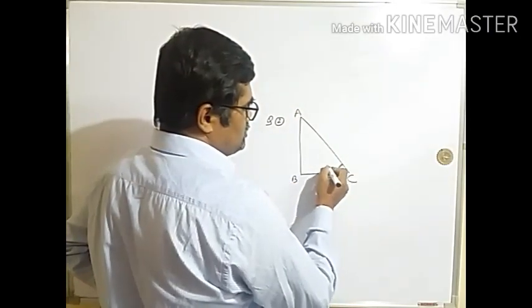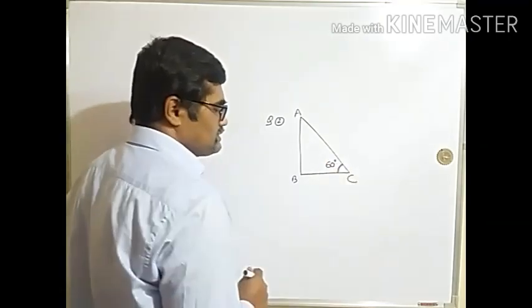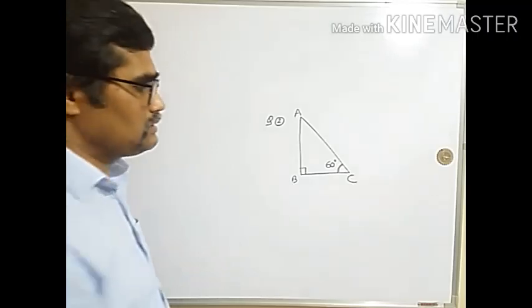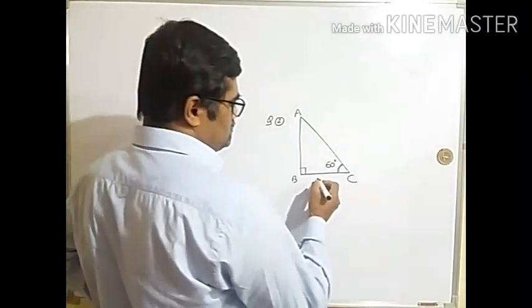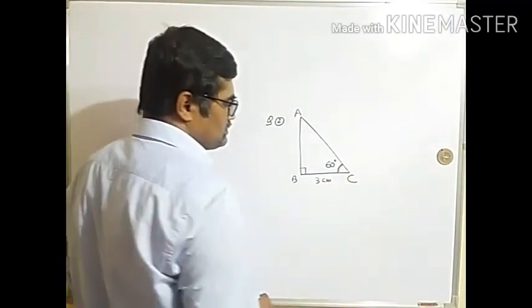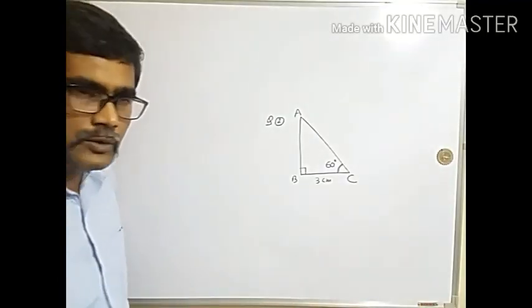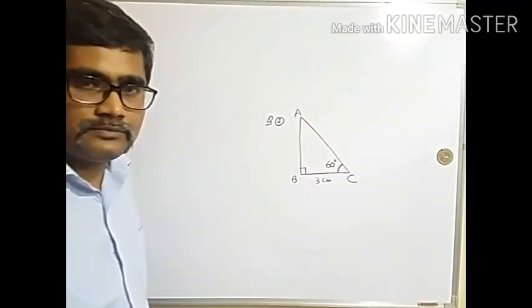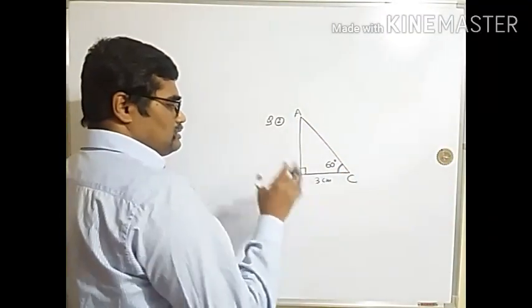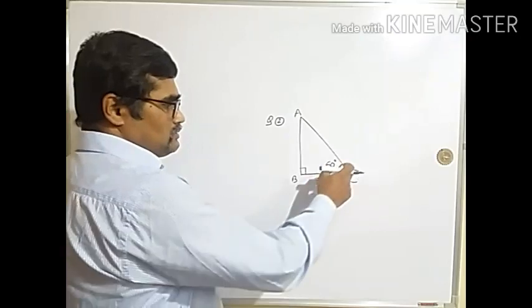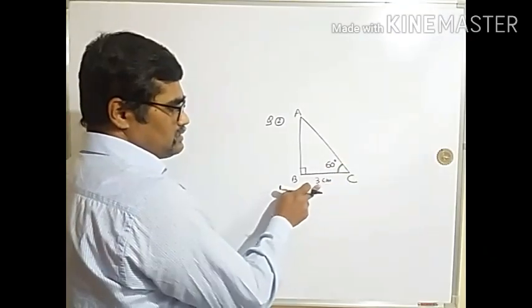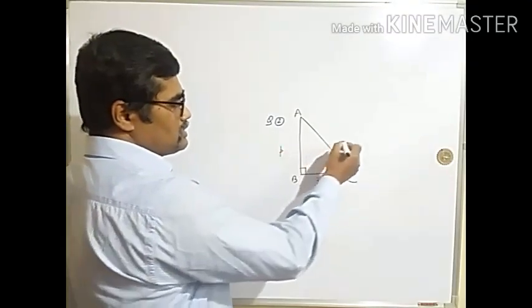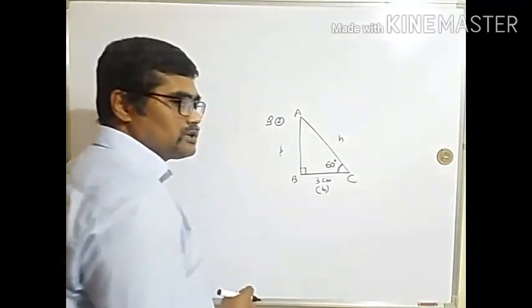They have given the measurement of the angle as 60 degree here, this is 90 degree, and suppose they have told that this measurement is 3 centimeter. I need to find the hypotenuse. The idea remains the same. For angle C, this known side will be the base, this will be the perpendicular and this will be the hypotenuse.